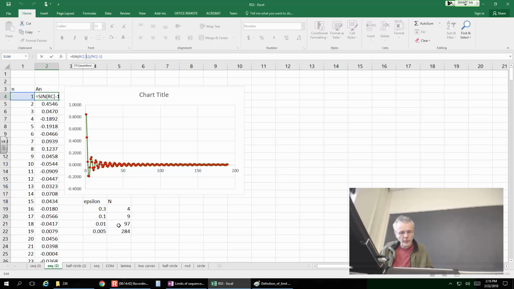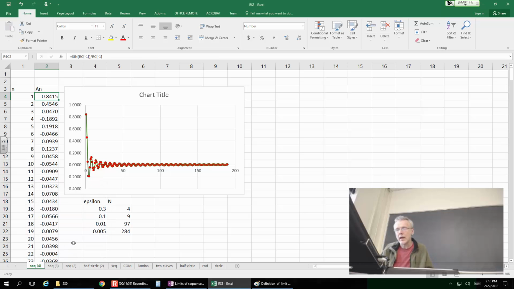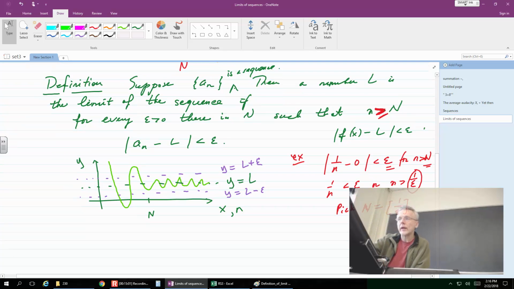I could do better than that and have a specific sequence that does not come from a function, and that is accomplished by replacing sine with something else that oscillates, a sequence that oscillates without involving any trigonometry. It's very simple.